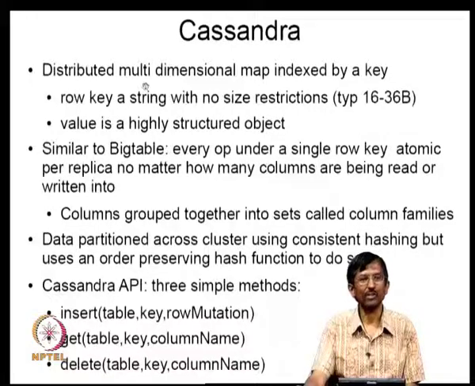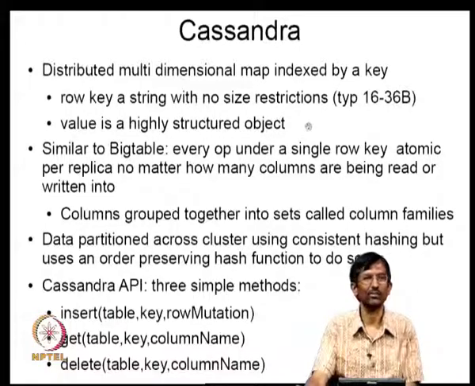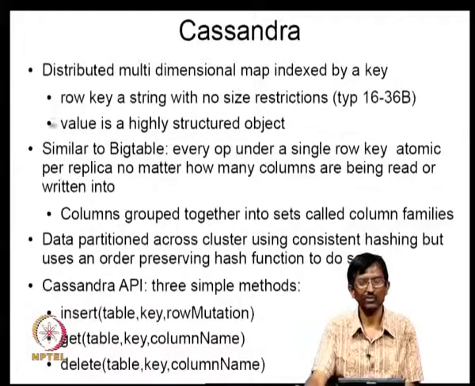It's also a distributed multidimensional map indexed by key, and the key is basically a byte string, and the value is a highly structured object, just like Big Table. Big Table also has columns, etc., so same thing here. And just like Big Table, they also guarantee that any operation on a single row key is atomic per replica, no matter how many columns are being read or written. So they guarantee that particular aspect.